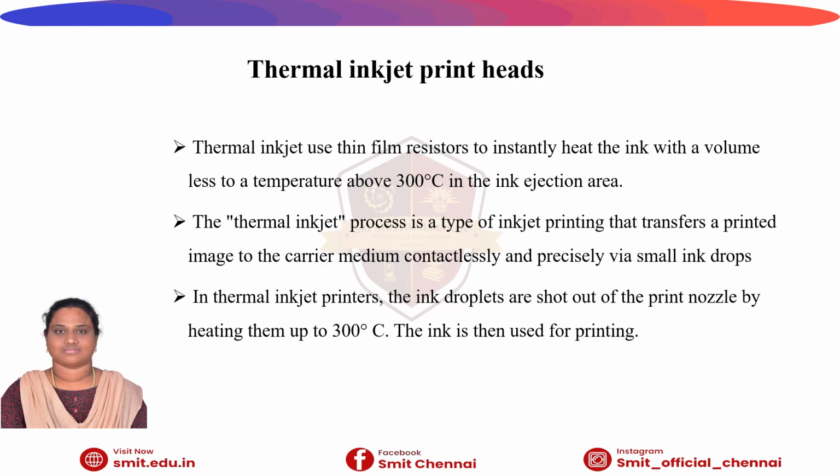The process transfers the printed image contactlessly and with high precision by depositing controlled ink droplets onto the carrier medium, after which fresh ink refills the chamber for the next cycle.